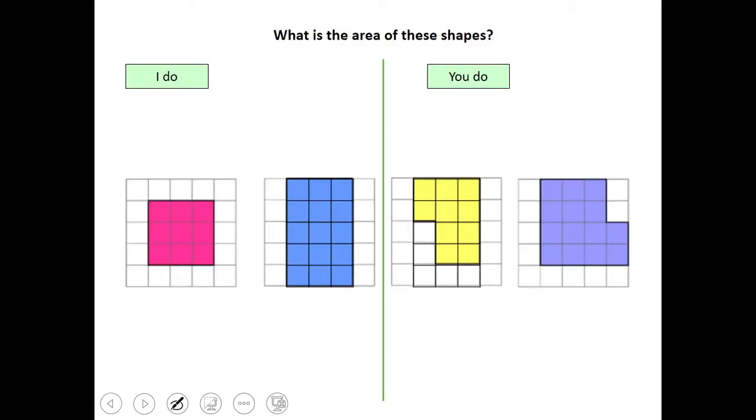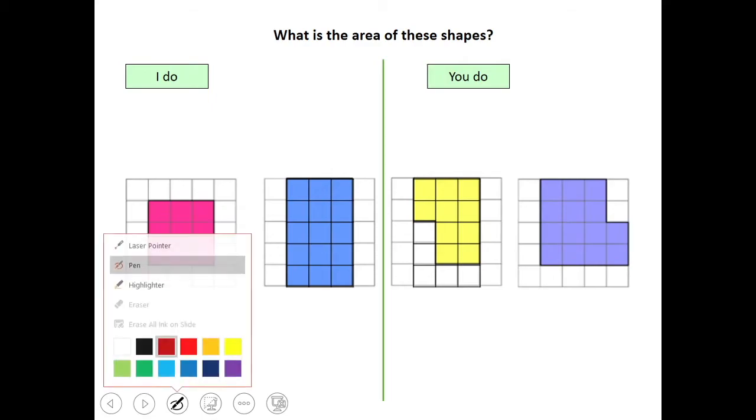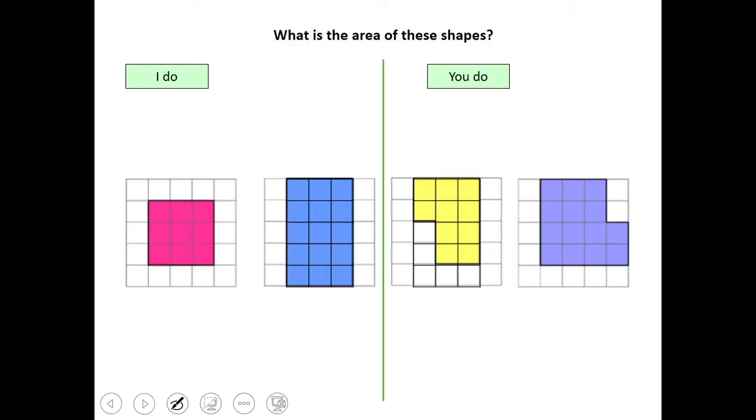So here I'm going to do 2 examples, and then you'll have to pause the video for about half a minute to a minute, and I want you to attempt the 2 examples on the right hand side. So we've got a square here. I'm going to count how many squares are inside, and work out the area. So we've got 1, 2, 3, 4, 5, 6, 7, 8, 9.